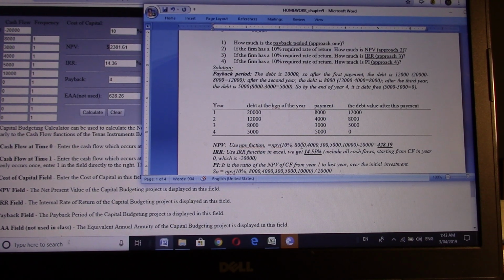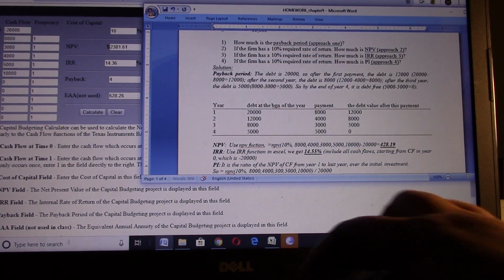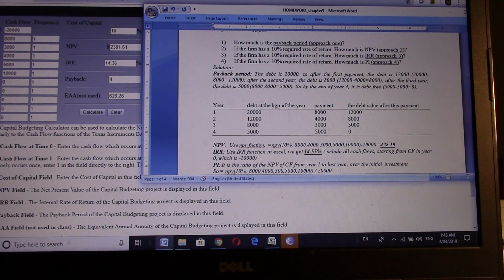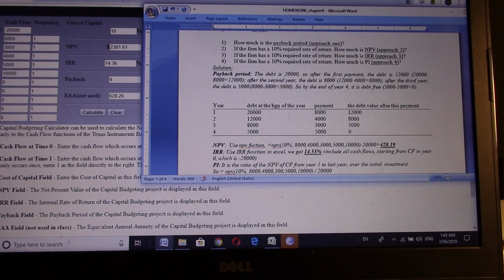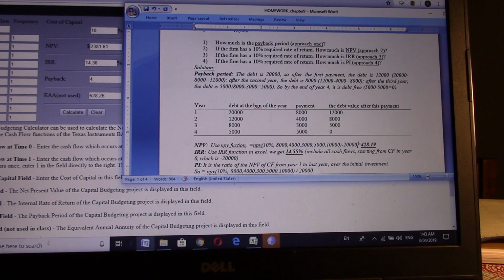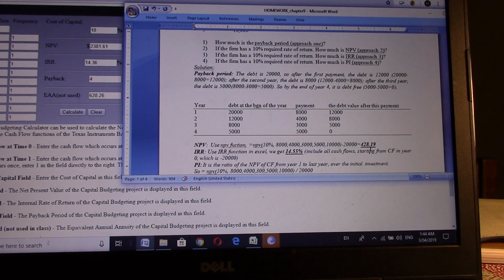It has to start from year 1's cash flow: year 1, year 2, year 3. Oh, this is wrong. It should be 3,000. Year 3, year 4, and year 5. Then your year 0 initial expenses has to be put outside of this NPV command. And then in Excel you will get the answer for NPV.